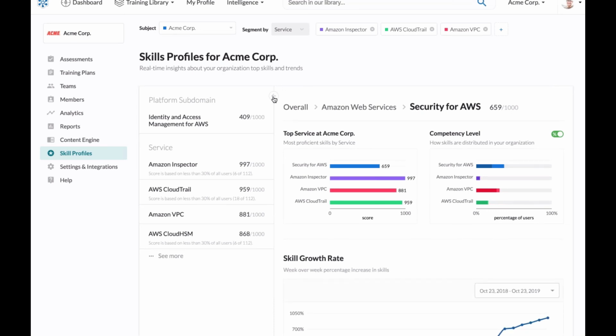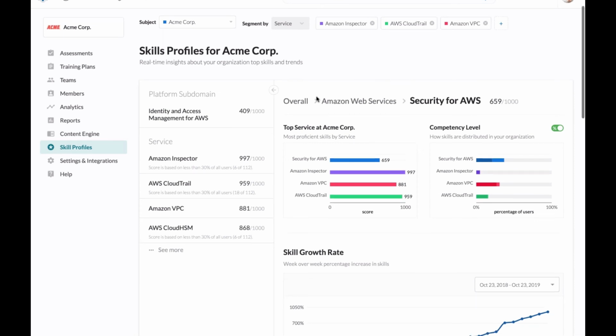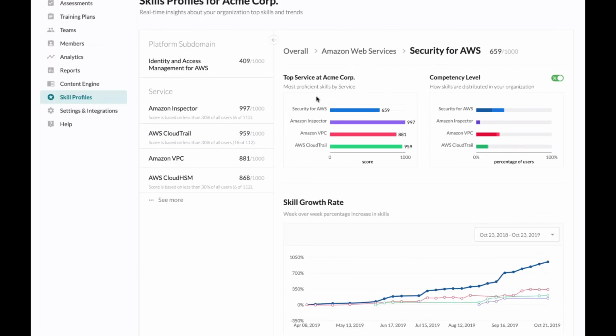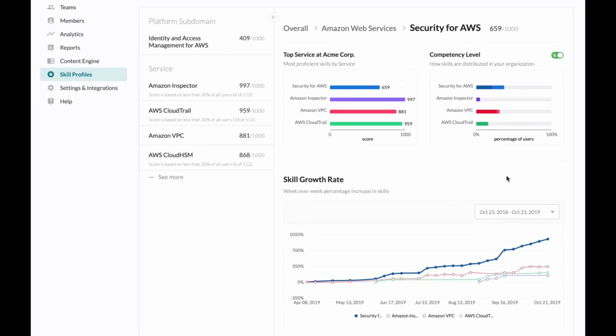So I want to know who the experts about security in my company are and how security is going. I want to be sure that the skill growth rate of security is improving, and it actually is. So at the end of this year, the security for AWS improved a bit below 1,000%.